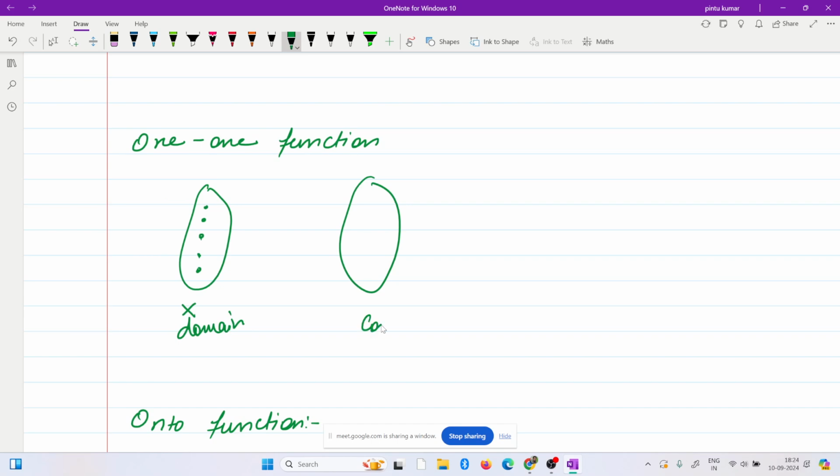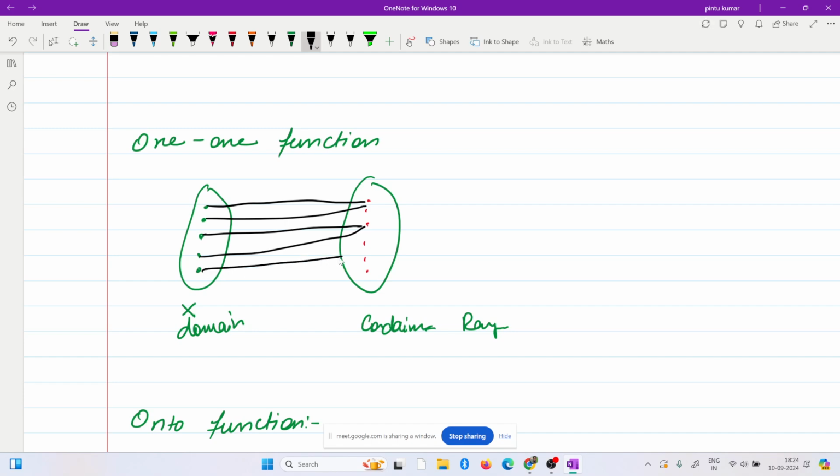This is something that is known as codomain, or you can refer to it as a larger set, the range. Every element of x would be mapped to some unique element, right? Probably this one goes to this one, this one again goes to this one. Let's say something like this. So this is a relation that we are drawing, how x is related to y.